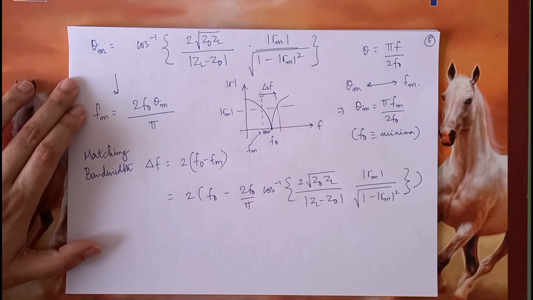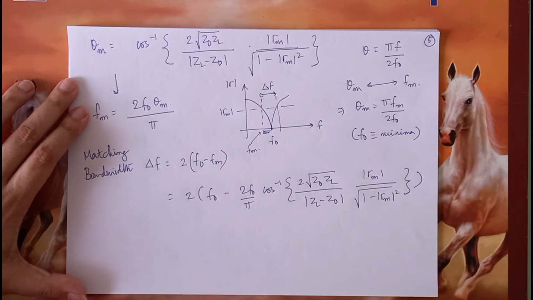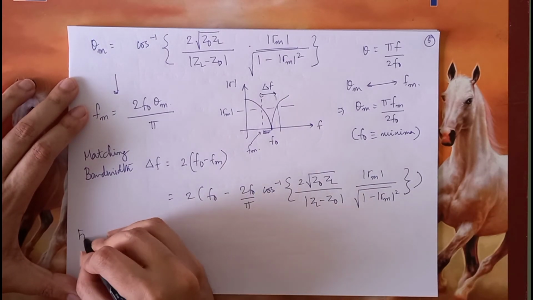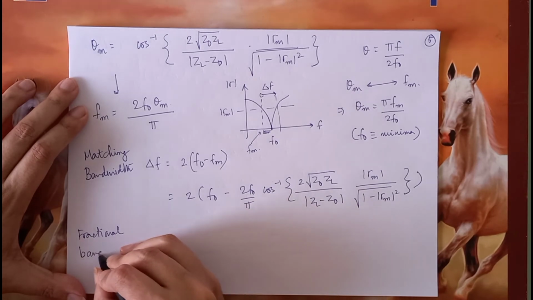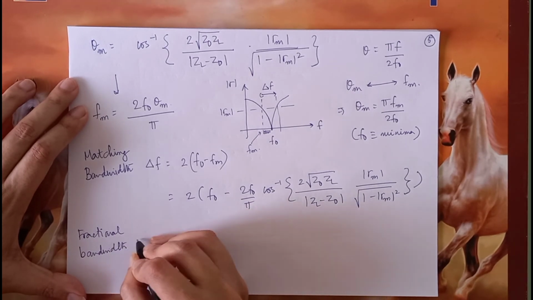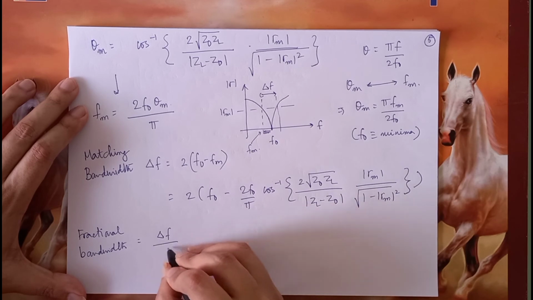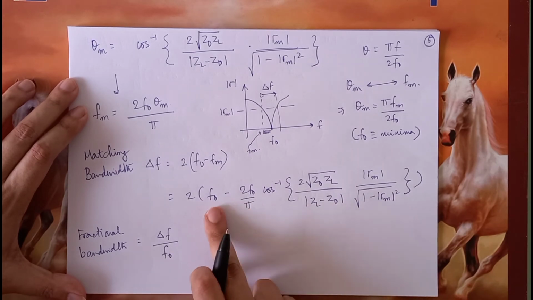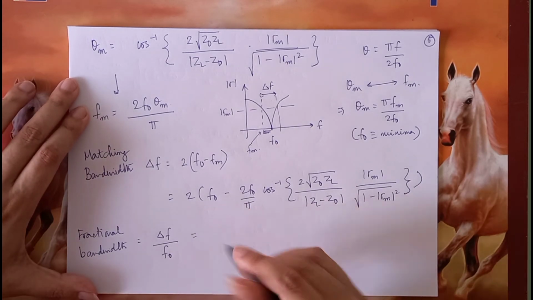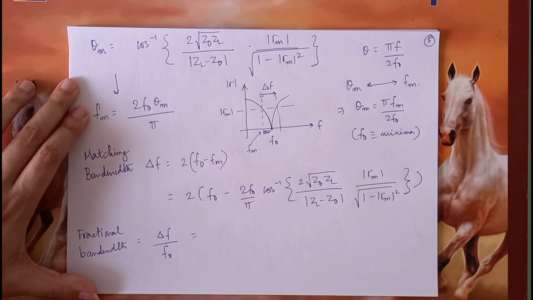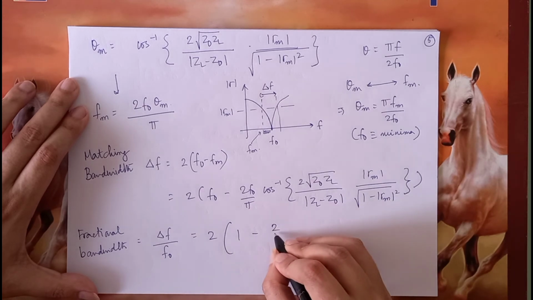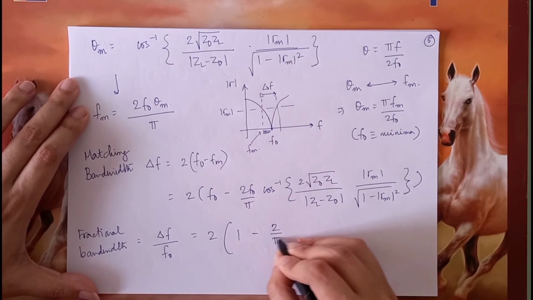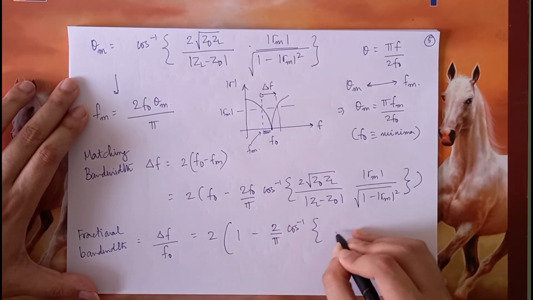So we can actually take this f0 common. We also define one more term called fractional bandwidth, which is nothing but delta f divided by f0, normalized with respect to f0. So I can simply take f0 common and bring it over here. So this will be 2 times 1 minus 2 by pi cos inverse of this entire term.